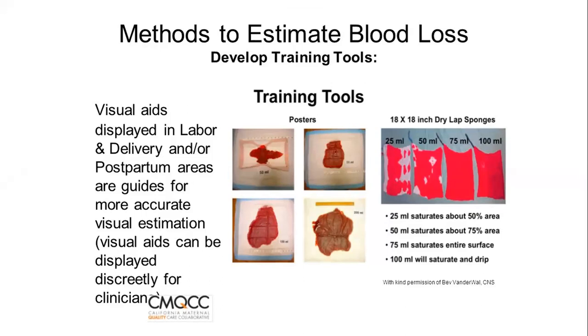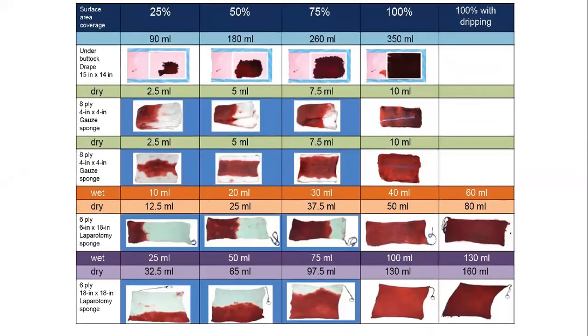You can also use visual aids that can be displayed in labor or delivery rooms or theater and so on to help you figure out how much your patient lost. This method is very easy and it is not going to cost us anything.